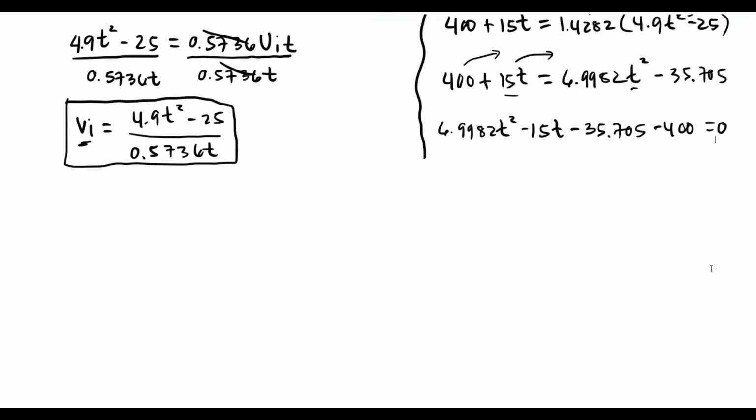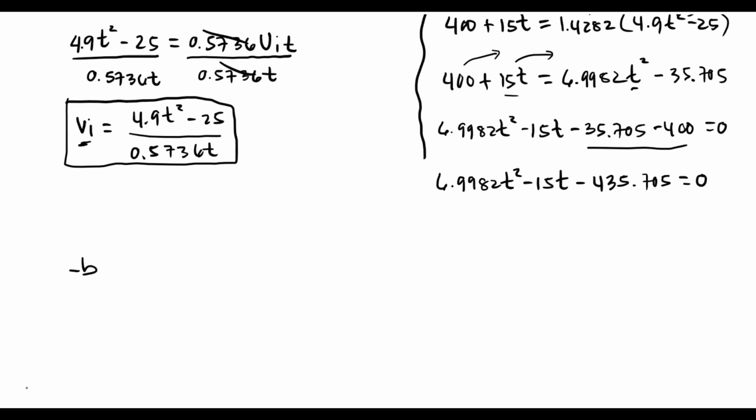Then simplify, so combine these two terms. So we have 6.9982 t squared minus 15 times the time, and negative 35 minus 400. So this is negative 435.705 equals 0.